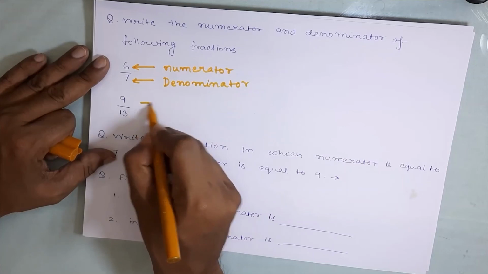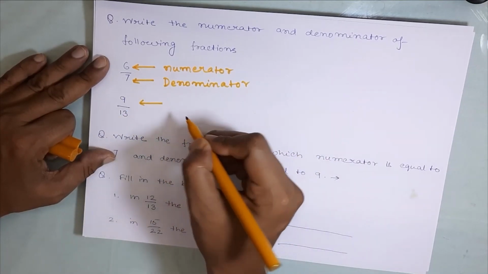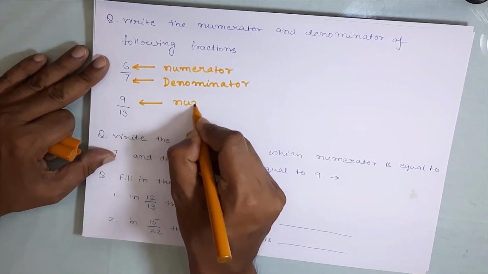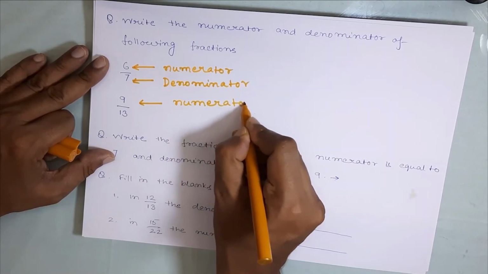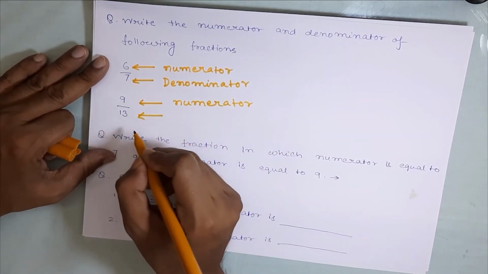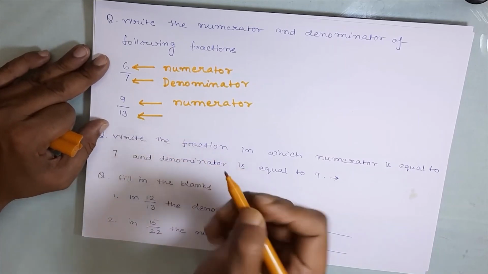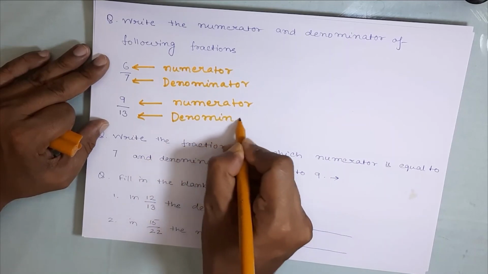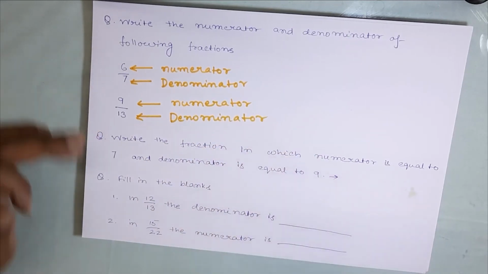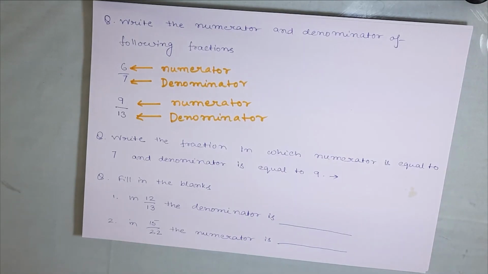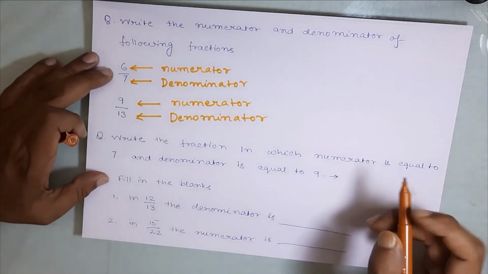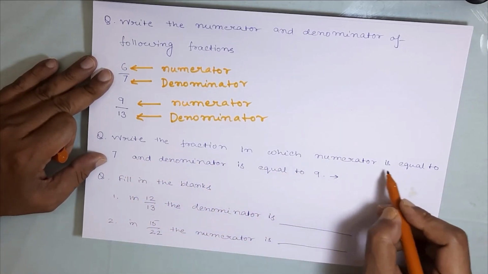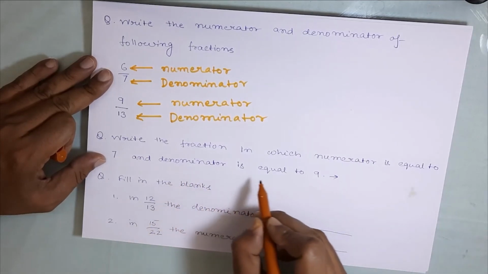Now 9/13, it is pretty simple for you all now. 9 will be what? Yes, you are right, 9 will be the numerator, and 13 will be the denominator. Let us try to use some dark color. Now what is the next question? Write the fraction in which numerator is equal to 7 and denominator is equal to 9.